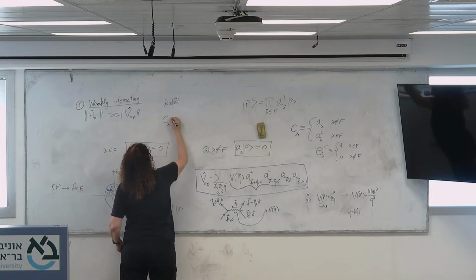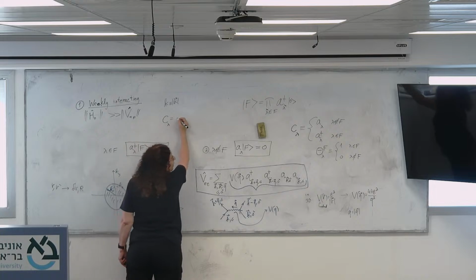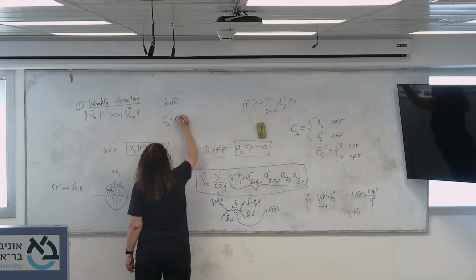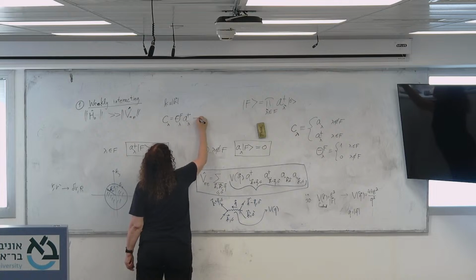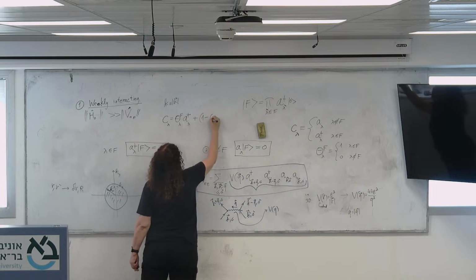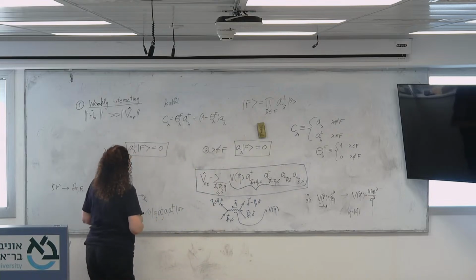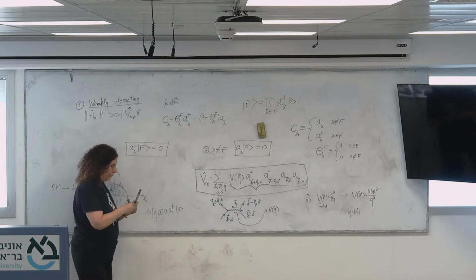C lambda I can write as theta F of lambda times A lambda dagger plus 1 minus theta times A lambda.